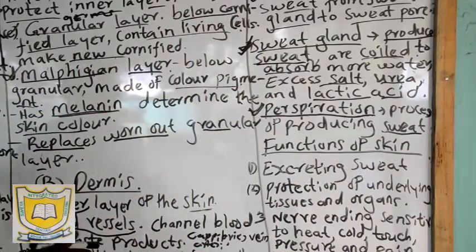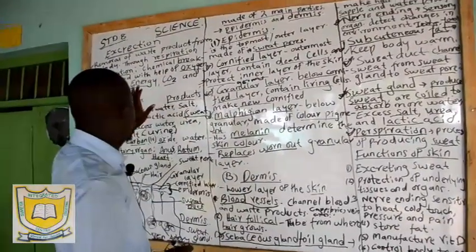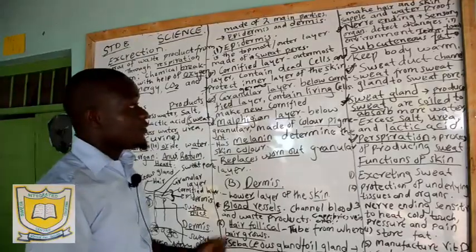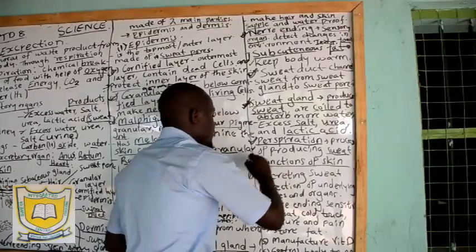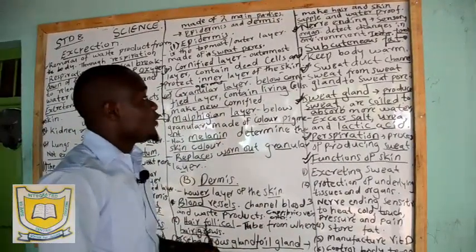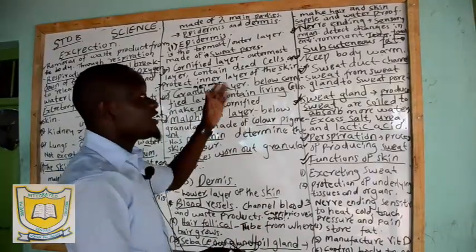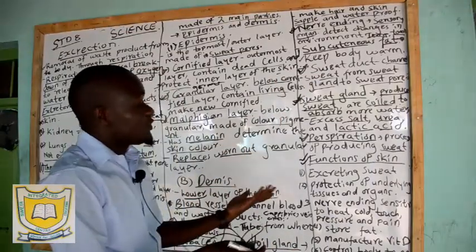Now after learning all about the epidermis, the dermis, and the excretion and the parts of the skin, we have the final part of this discussion, where we talk about the functions of the skin. What is the main function of the skin, if somebody asks you? From the discussion you can give the functions, because we said we have fat, so it stores fat.